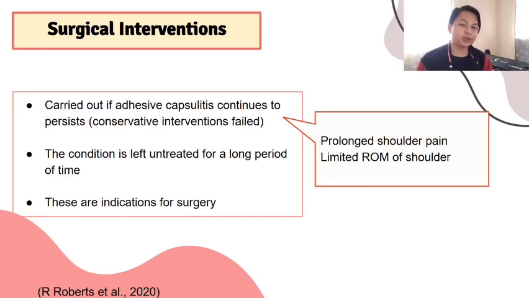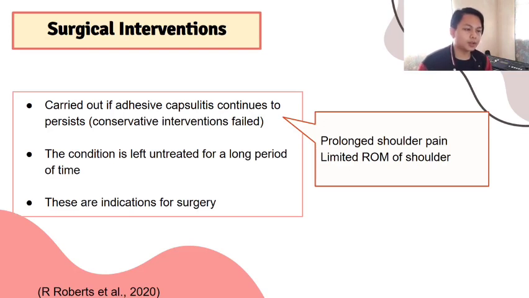Doctors' management for surgical interventions. There are indications for the doctors to be able to perform surgery to treat patients with adhesive capsulitis. This is because surgical methods are not really required to treat patients with this condition, because as I have explained before, conservative methods are more reliable to treat this kind of condition.